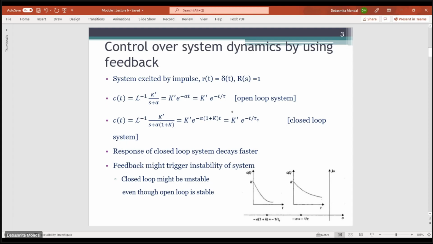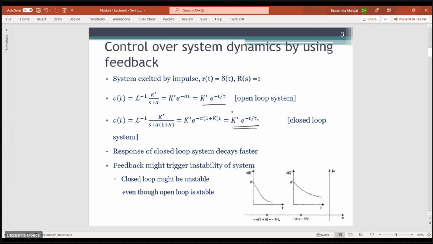So for this open loop system, the value of the output c(t) will be equal to the Laplace inverse of K' by s plus alpha, which is K' e to the power minus t by tau. Similarly, for the closed loop system, the value of c(t) will be given by K' e to the power minus t by tau c.